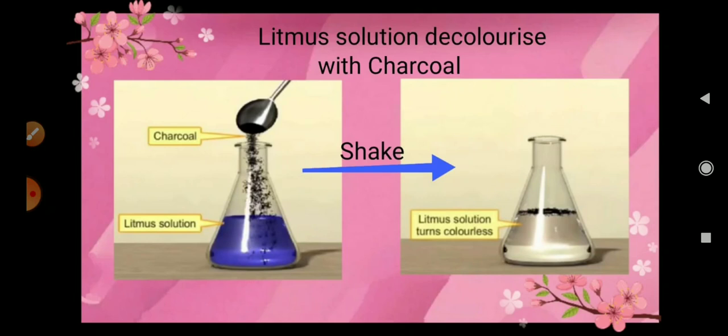Then shake the solution, and it is observed that the solution turns colorless, which is shown in the second figure. Because the charcoal, which is a very good adsorbent, adsorbs the colored particles present in the solution. That means the particles of the solution get adsorbed. Therefore, it is an example of adsorption from solution.